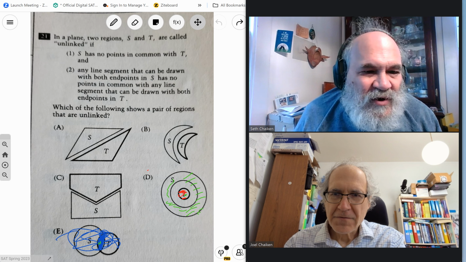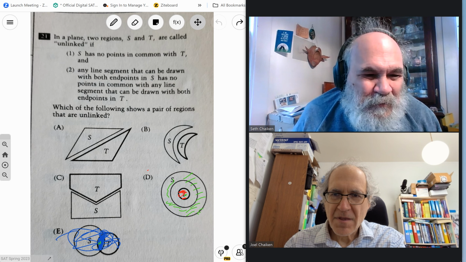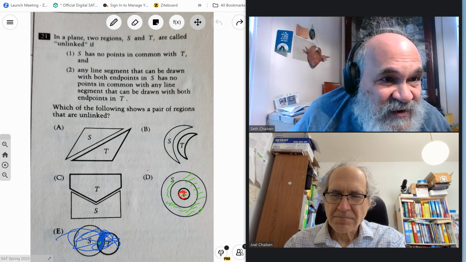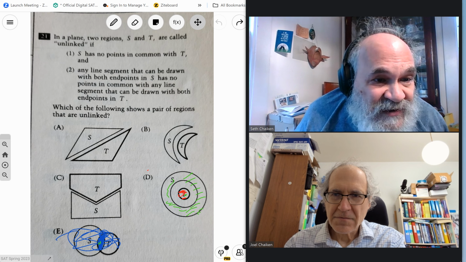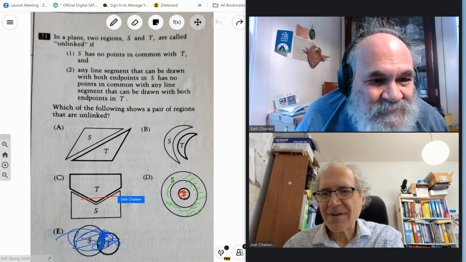So I look at C. I'm going to draw with straight lines. Here is a line segment with both endpoints in S. Oh, I see what it means now.